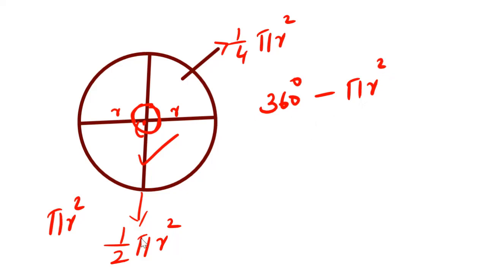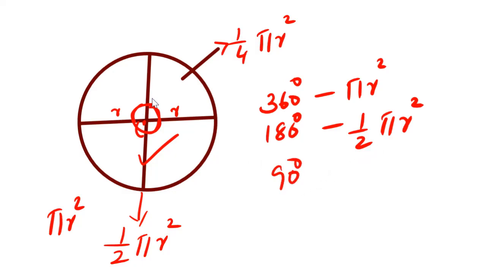When it was divided into 2 by a diameter, it became 180 degrees. We got half pi r square, correct? When it became 90 degrees like this, we wrote 1/4 of pi r square. So there is a relationship.